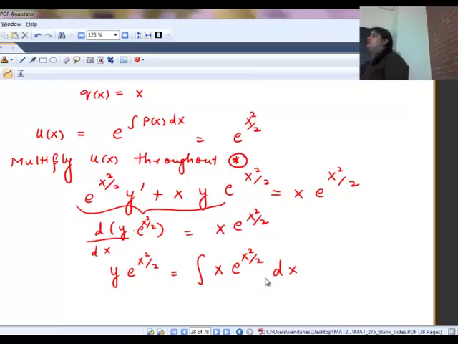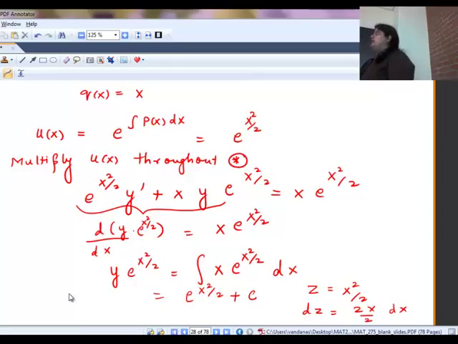Quickly, it's easy. Substitution. Do substitution. z equals x square over 2, dz equals 2x over 2 dx. So that means x dx will go away. So it's integral of e to the power z, which is e to the z, right? So e to the power x square over 2 plus a constant of integration.